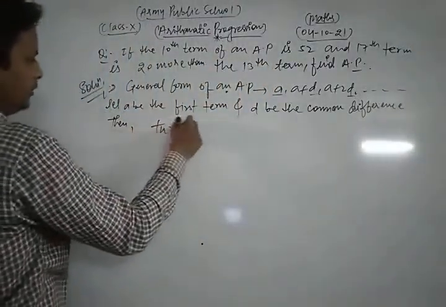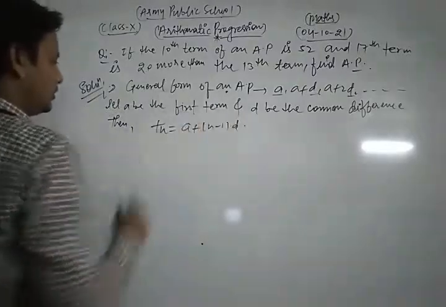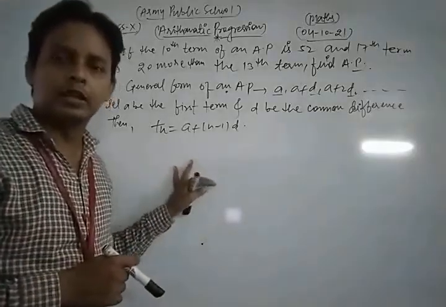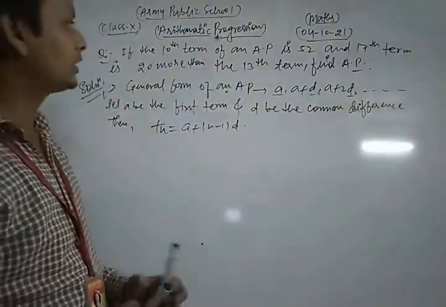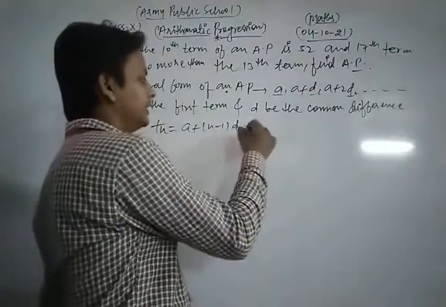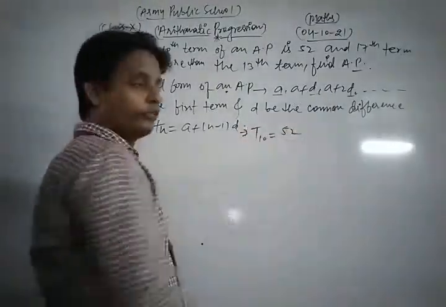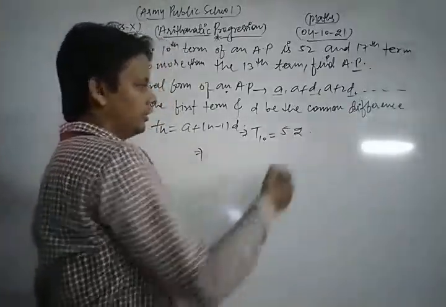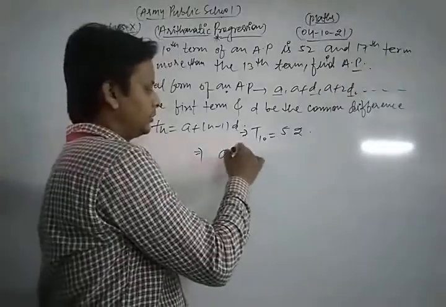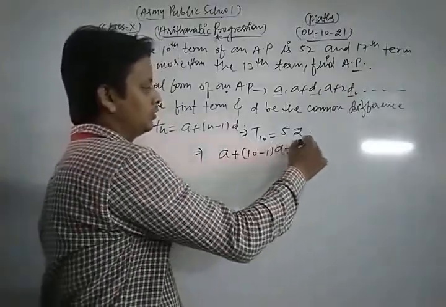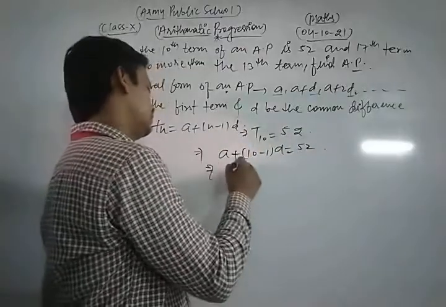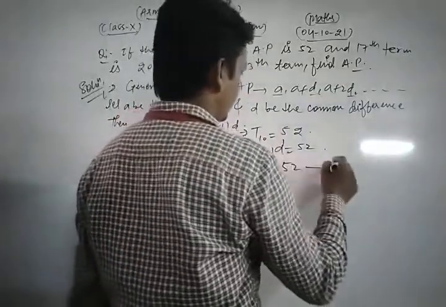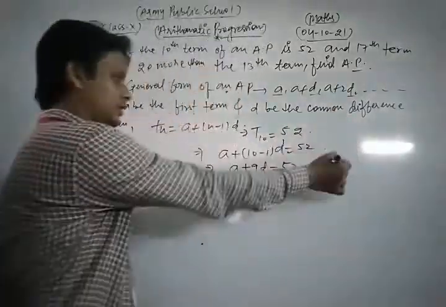Then its nth term will be A plus n minus 1 into D. And according to the question, the 10th term of an AP is 52, that is T10 is equal to 52. From there we find an equation: A plus 10 minus 1 into D is equal to 52, that is A plus 9D is equal to 52. Take this as equation number 1.